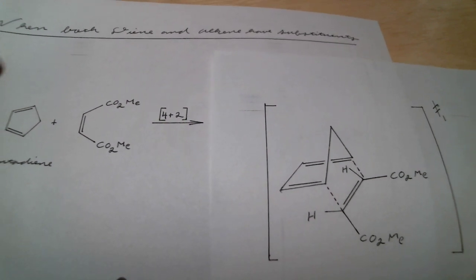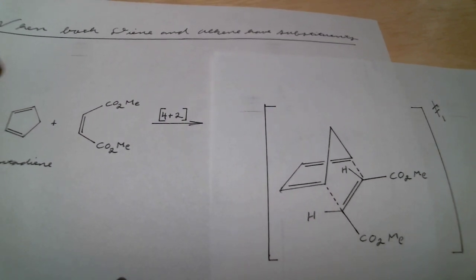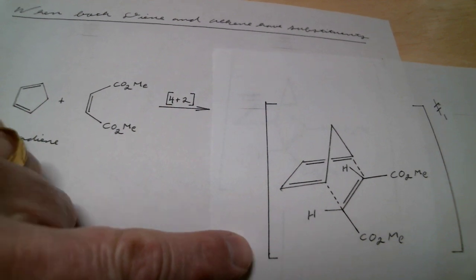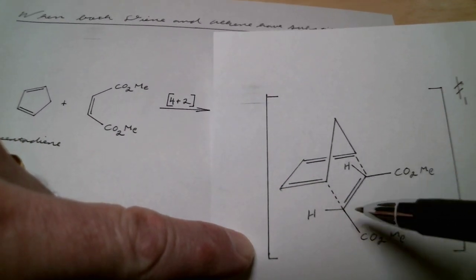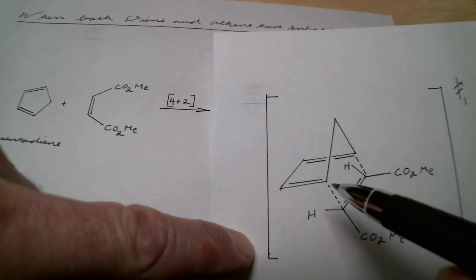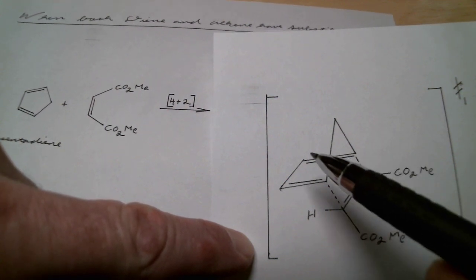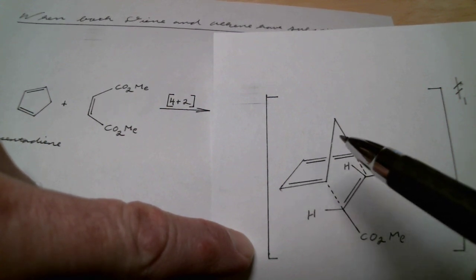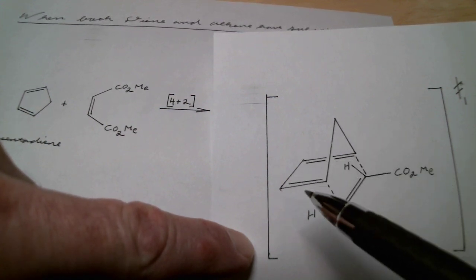So a transition state that you might think about is here we have our alkene coming under the plane of our cyclopentadiene, and we're going to be forming bonds. And what are the bonds we're going to be forming? They are these dashed lines, right? You can still see the alkene intact. Here are the dashed lines, and here are the two pi bonds of our cyclopentadiene, our 5-membered ring.